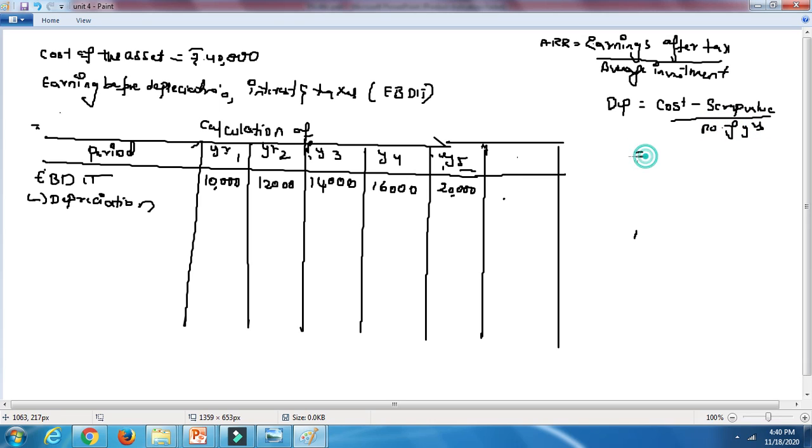In the question he has given cost 40,000, scrap is not there, so we take 0, divided by 5. So your depreciation is 8,000. As he said, straight line method, that means depreciation will be 8,000 for all the years. So we need to deduct 8,000 every year. This is important, guys, listen carefully.